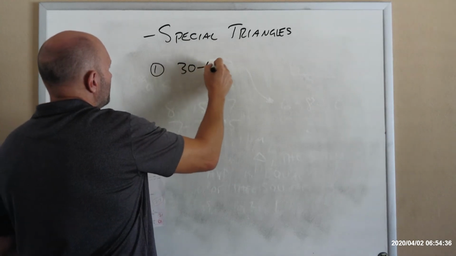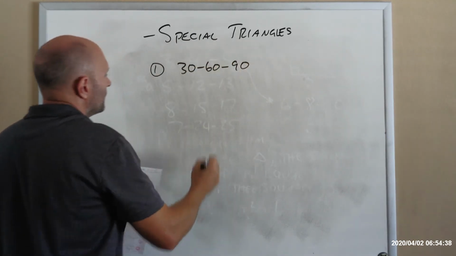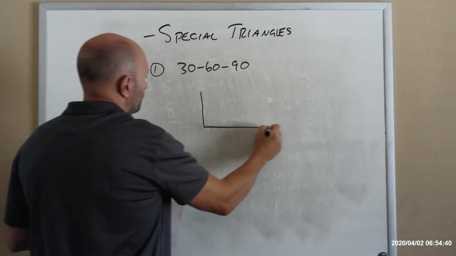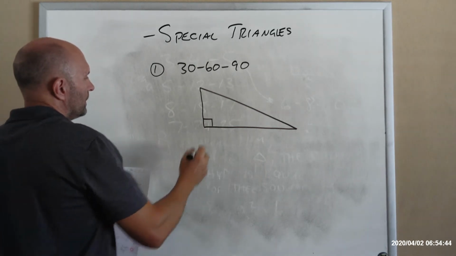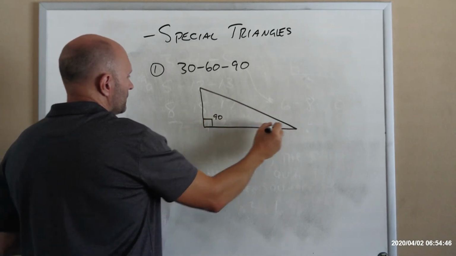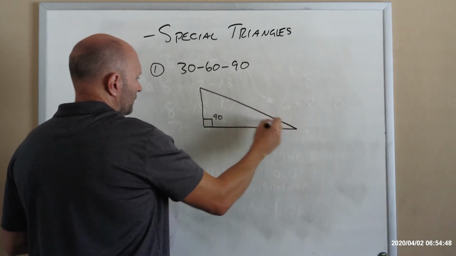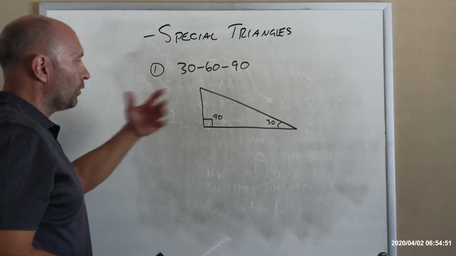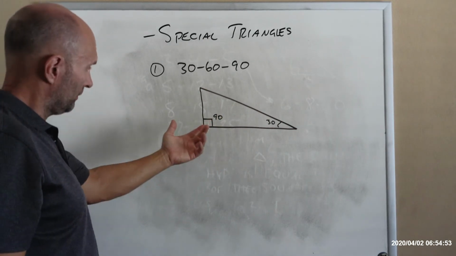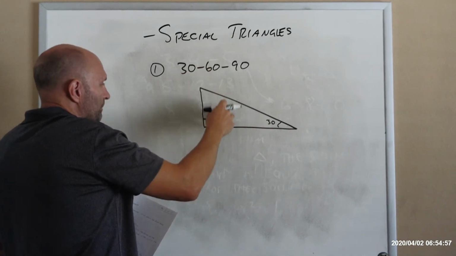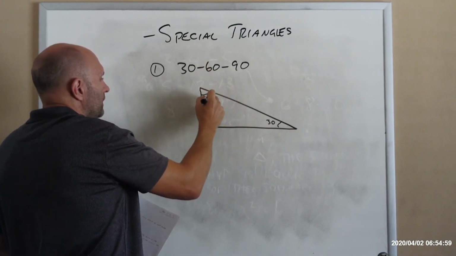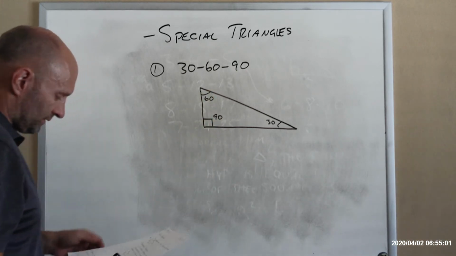We have a 30, 60, 90. So if I have a right triangle, so this angle is 90, let's say this little angle is 30, and we know that the total of the angles of a triangle is 180, so 180 minus 90 minus 30 means this angle has to be 60 degrees.